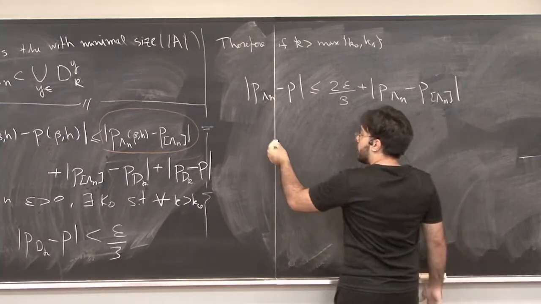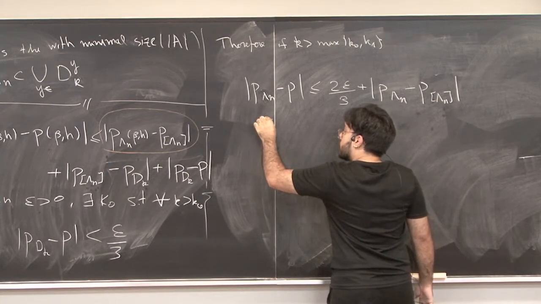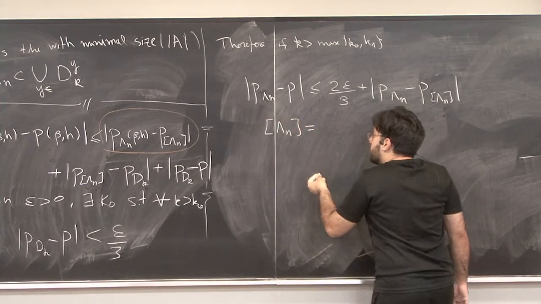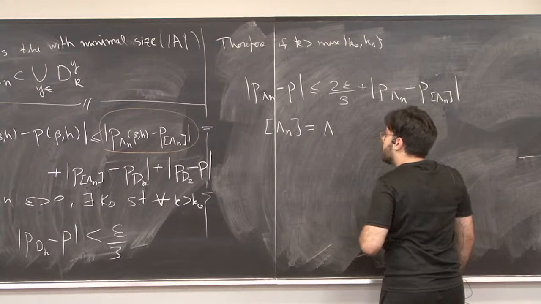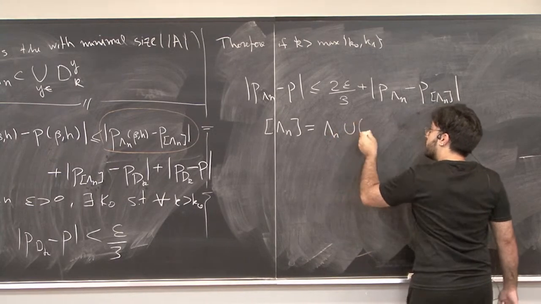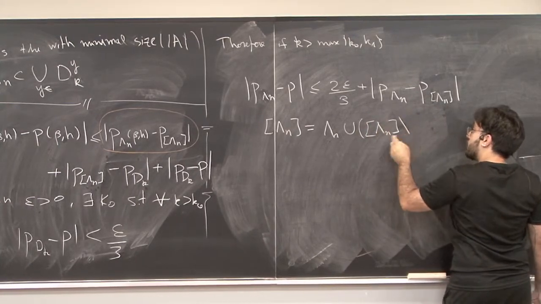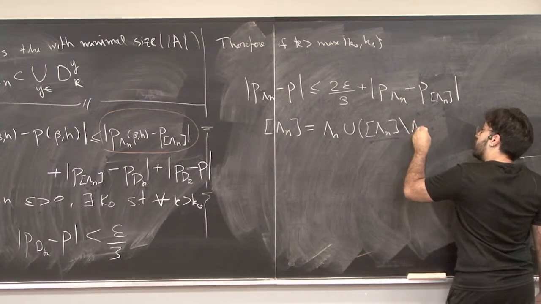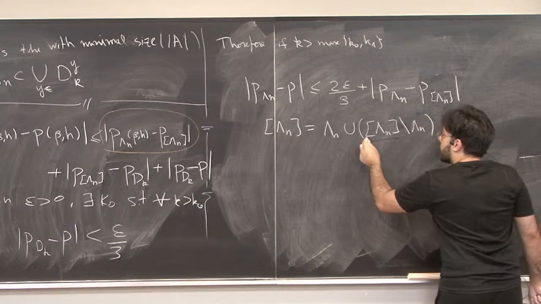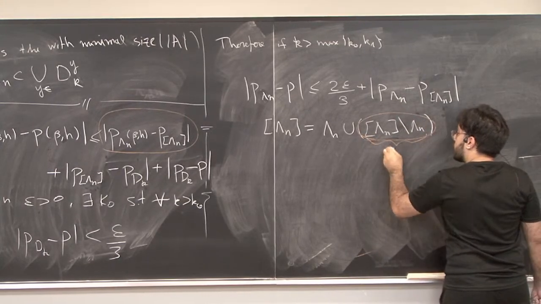So we will write the cover of lambda n as being the union of two disjoint sets: lambda n, with the union of the cover of lambda n minus lambda n. And this set over here we will call delta n.